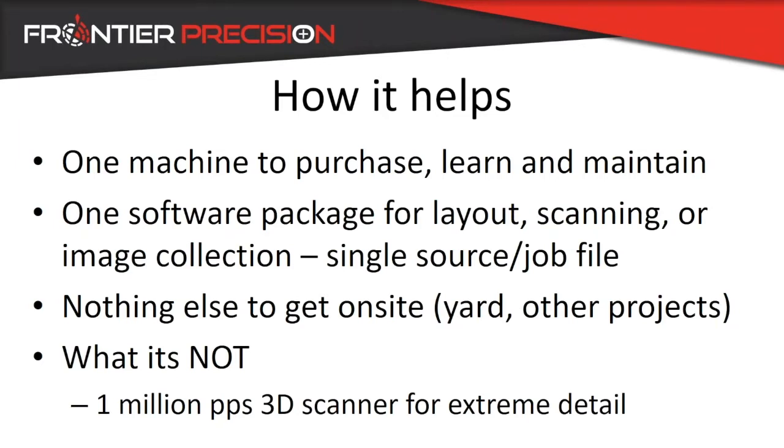So you kind of want to be aware of right tool, right job. This SX10 is great because it's a multiple use tool that gives you a lot of functionality and a lot of flexibility, but you want to make sure that you're not trying to do a huge amount of laser scanning with really high detail on it, because you're going to increase the scan times to where it might be a little bit prohibitive for you.